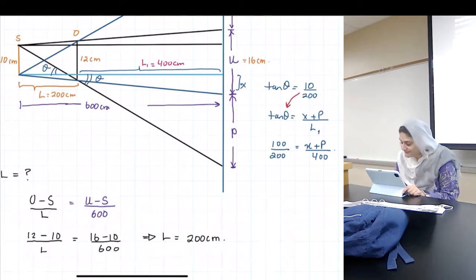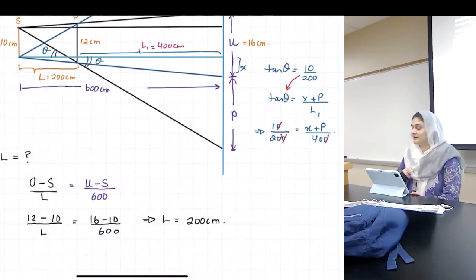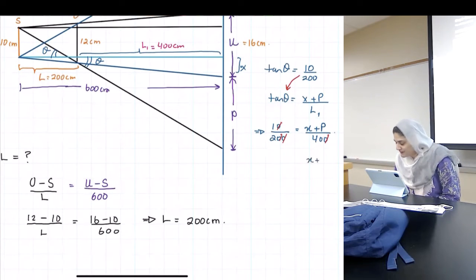Oh, 10, you're right, my bad. So now can I cancel stuff out? This 0 goes away and this 0 goes away. So what is x plus p? It's 40 divided by 2, which is 20.